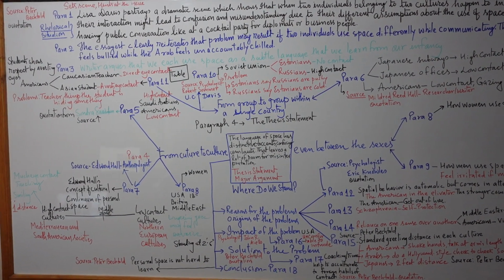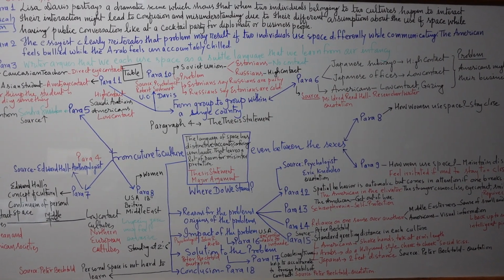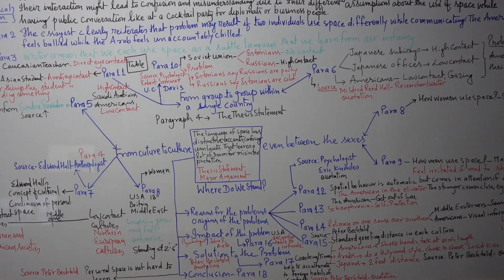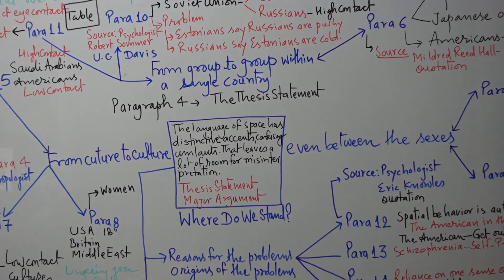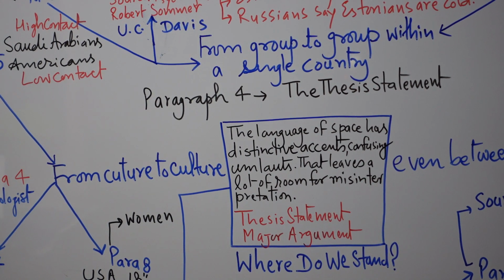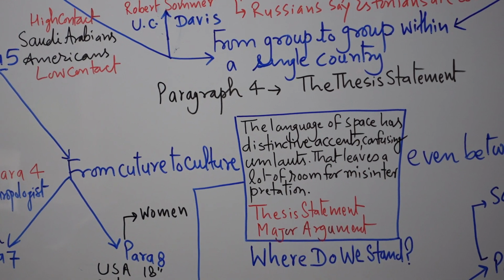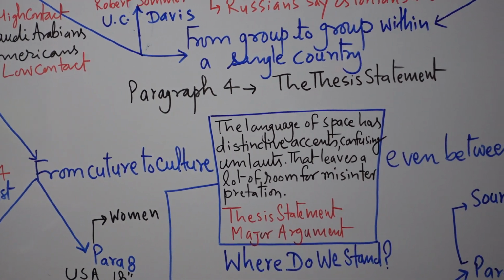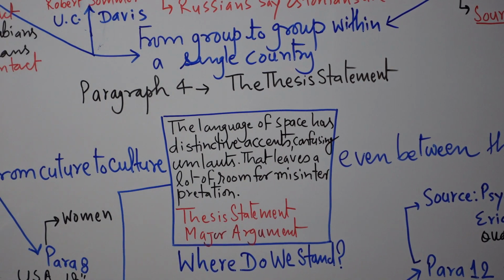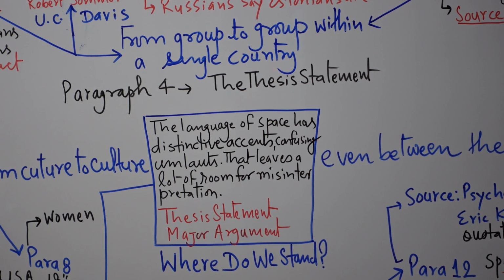I have a number of arrows you can see in the center. If you pay attention, I have a box where I write thesis statement, para 4, and then in the box I write: the language of space has distinctive accents, confusing umlauts that leaves a lot of room for misinterpretation.